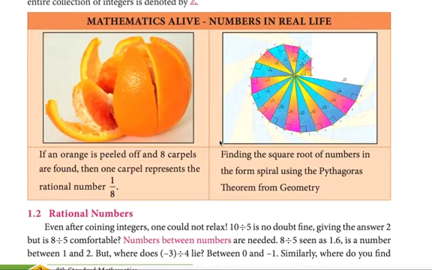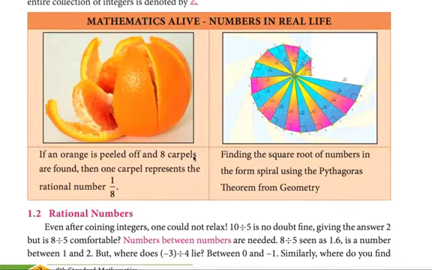Now let's look at rational numbers also. Okay. When you peel an orange, you will get almost 8 carpels. Okay. So one carpel represents one eighth of the whole, right? So this is where you will get a rational number in real life.